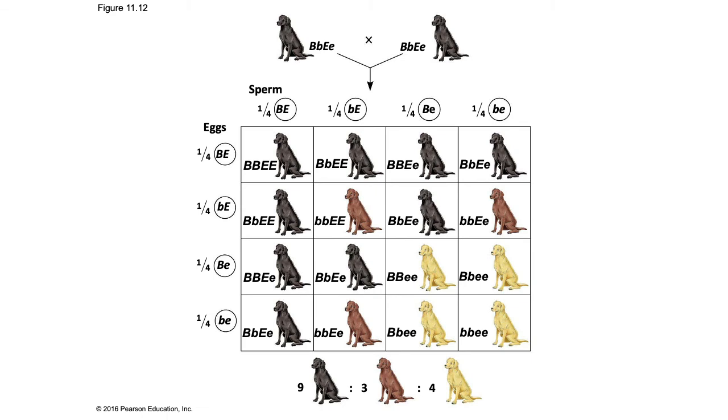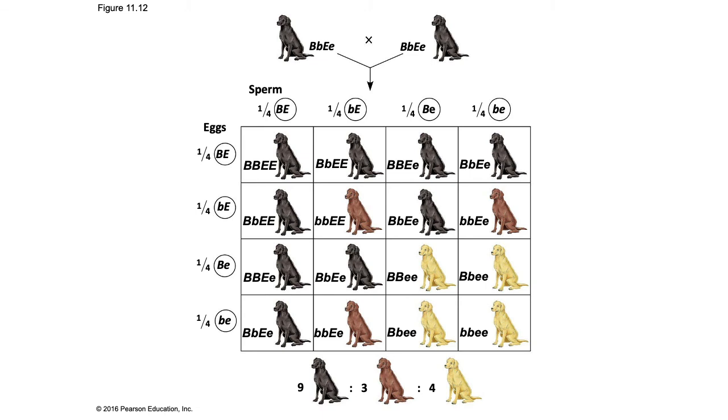However, if you look at the four squares in the bottom right, you will see that three of those dogs have a big B allele, so you would expect them to be black, and one of those dogs has two little b alleles, so you would expect it to be brown. What you have instead is four dogs that are yellow.